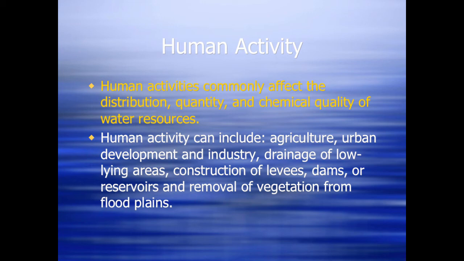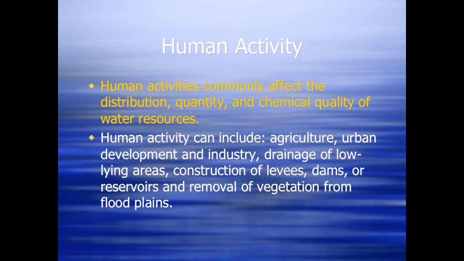So now let's mainly focus on human activities. Human activities that commonly affect the water table can be the disruption of the quantity or quality of the water, or the chemical quality of the water resources. Human activities can include agriculture, urban development like building cities or industries, drainage of low-lying areas, construction of levees, dams, reservoirs, the removal of vegetation from floodplains, and also one that is not included, building asphalt.